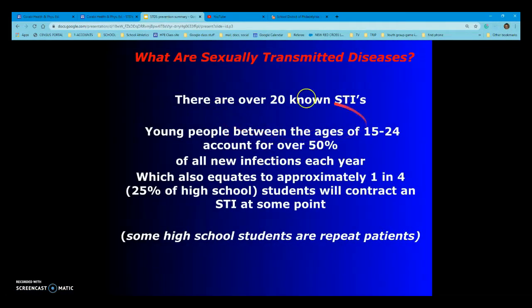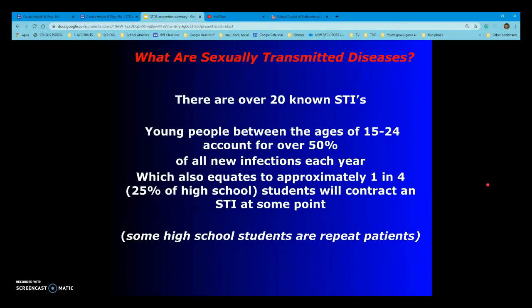There are over 20 known STIs, and the vast majority of new infections each year, over 50% of them, are in people ages 15 to 24. That equates to about 1 in 4 high school students that will contract an STI at some point.